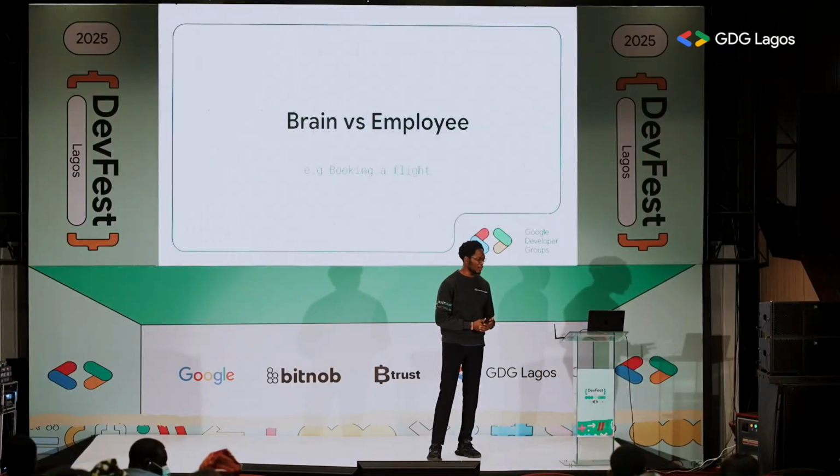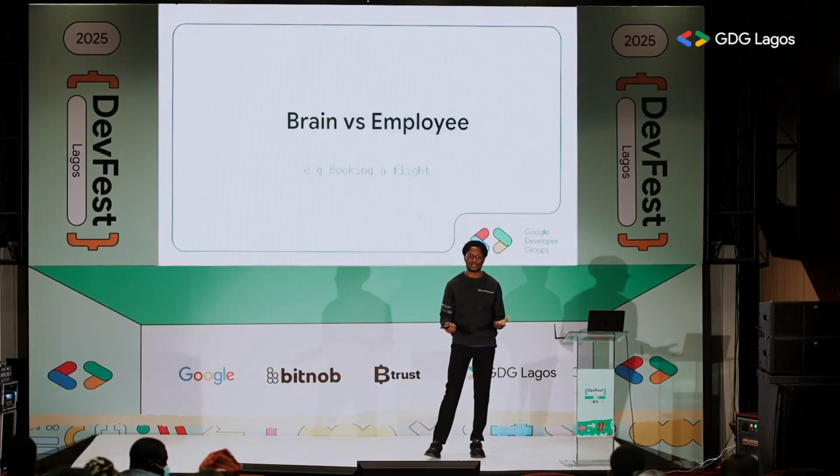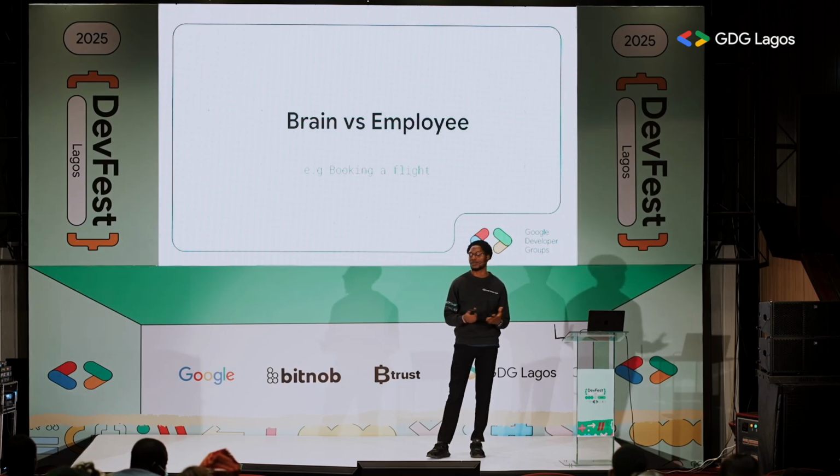When you ask it a question, it will give you the answer. But if you ask that brain to do something for you, like booking a flight, it will immediately tell you that you're crazy. Okay, maybe not, but something similar.